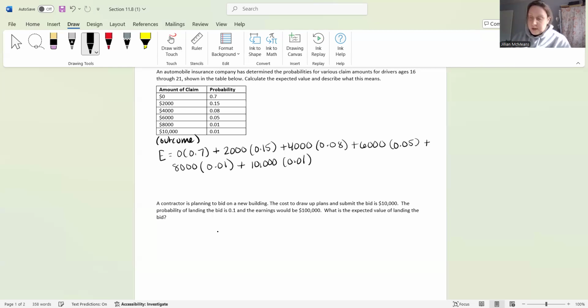Now, I would go to a calculator from here, so let's see what we can do. Make sure you have that written down before we go to the calculator.